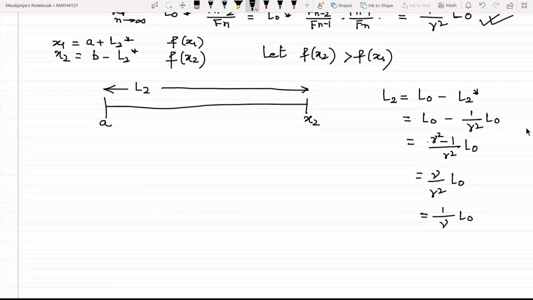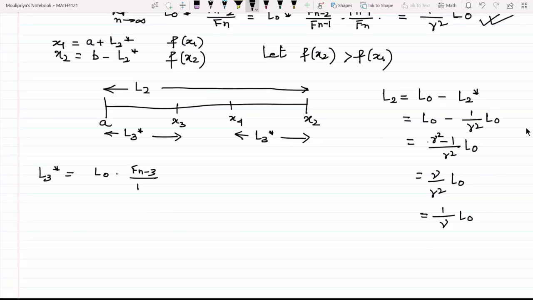So now, once I have this value of L2 with us, we would further be finding out two more coordinates, say x3 and x4. This distance A to x3 is going to be L3 star, and this distance is going to be L3 star as well. What is L3 star? By Fibonacci search algorithm, L3 star is L0 times Fn minus 3 by Fn.